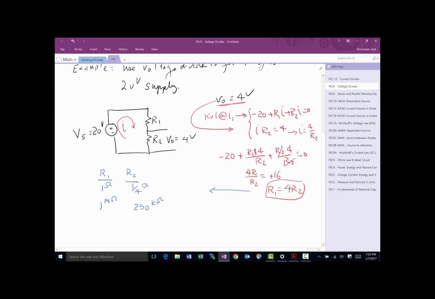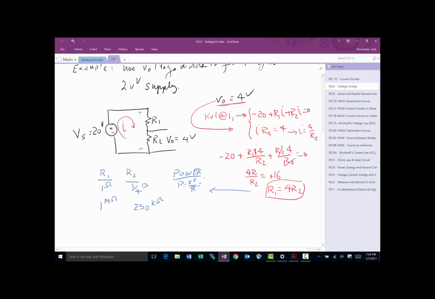Now, it gets kind of interesting because if I select this, notice the power consumption. Let's take a look at the power consumption in this circuit. Power is equal to V, which is 20 volts. Power is equal to V squared over total R. So in this case, it will be 20 volts, which is from here to here, divided by R1 plus R2.